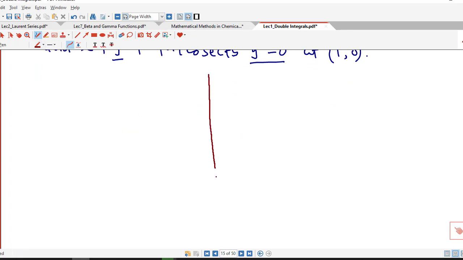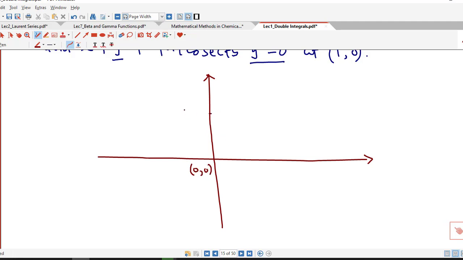So we have the rough sketch of the region of integration. Points are 1 0, 0 1 and 0 0. Suppose this distance is 1, so this point on y axis is 0 1. Similarly, suppose this distance is 1, so this point is 1 0.